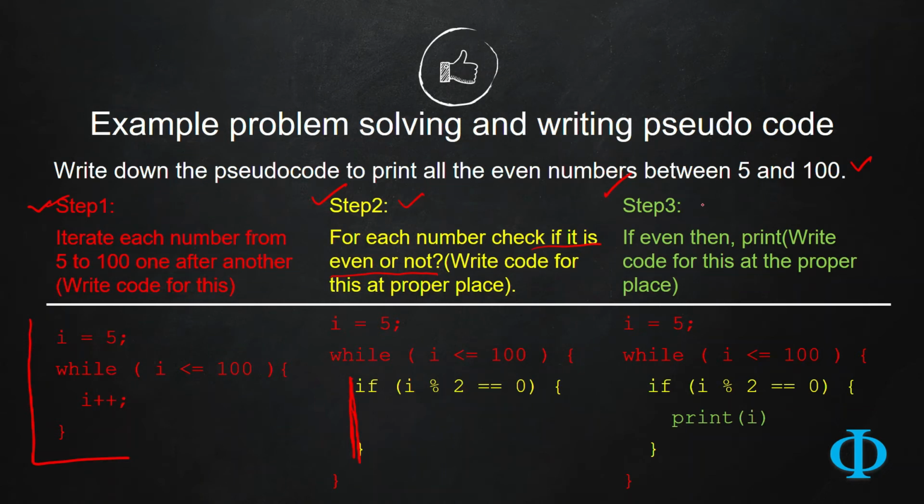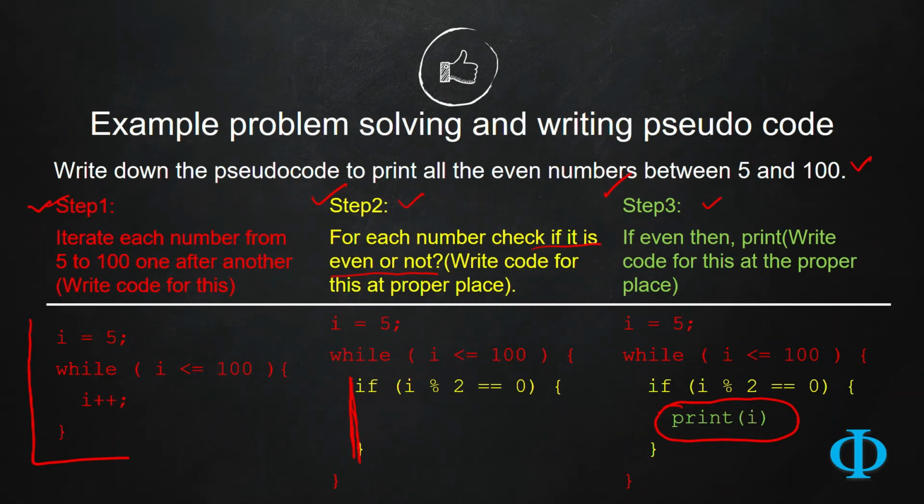And then finally in step 3, if it is even, then print. So I'm just writing down this print statement. And that's how you have to approach a programming problem.